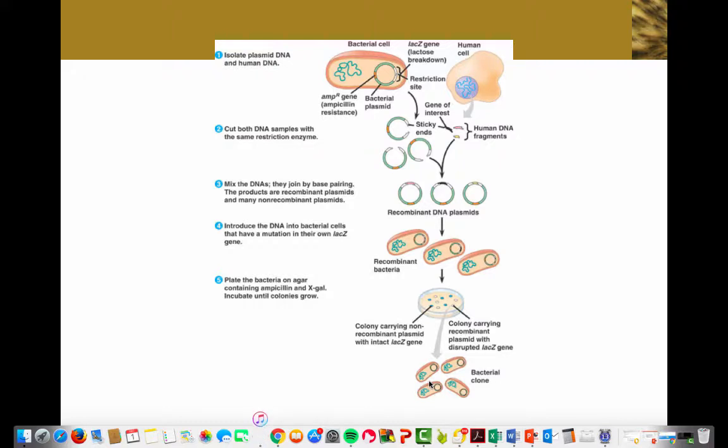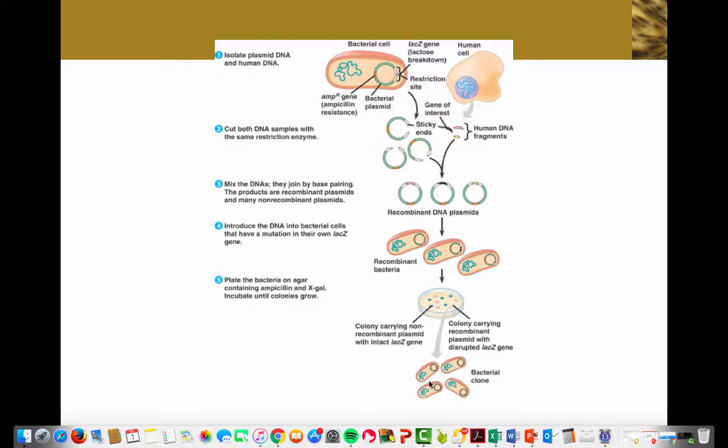Can you see these guys have the sticky ends both for the human DNA and for the plasmid DNA? So then they can recombine, and they're called recombinant DNA. And there's a couple different ways that they can recombine, depending on how they get cut. Here, they recombine with the human DNA fragment or the gene of interest that you wanted, right?